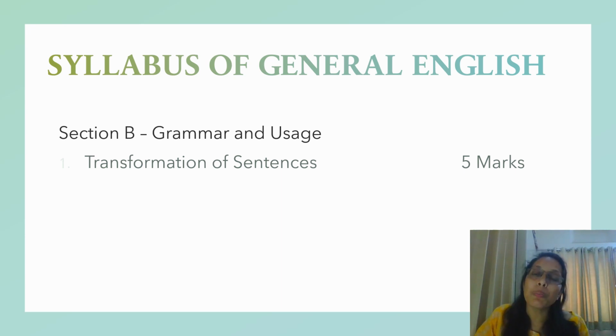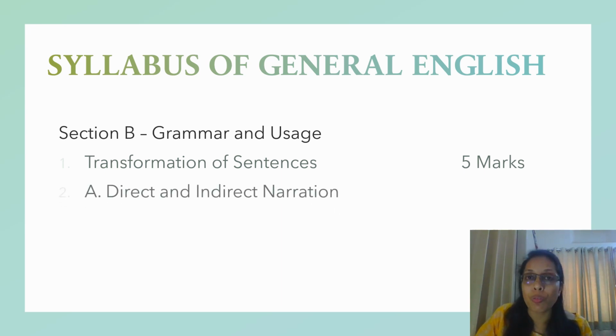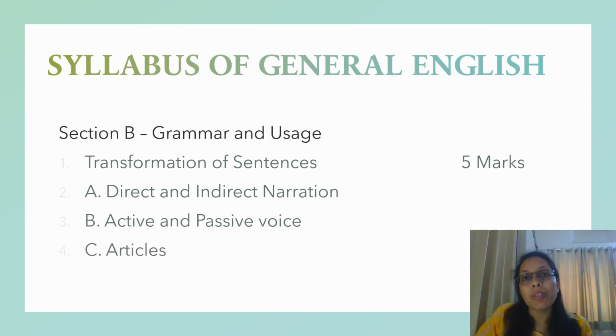Now transformation means that you are changing a sentence from one pattern to the other. So we have sentences where we will be required to change sentences from direct to indirect narration, then from active voice to passive voice or vice versa, and then there will be sentences where you will have to correct or put articles.